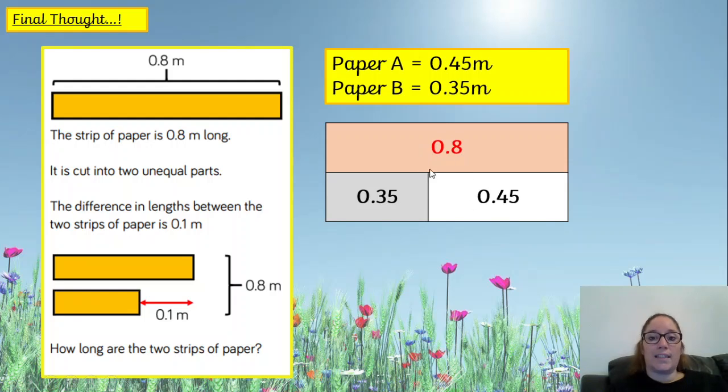These two added together gives you this one. But you couldn't do a different number like 0.25 plus 0.55 because the difference would be 0.2. So you had to find numbers that only had 0.1 difference. So these are the only two numbers you could have chosen. It was a little bit more difficult, that one.